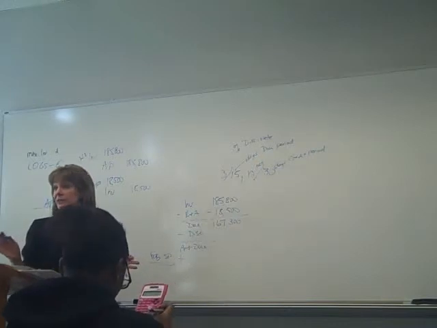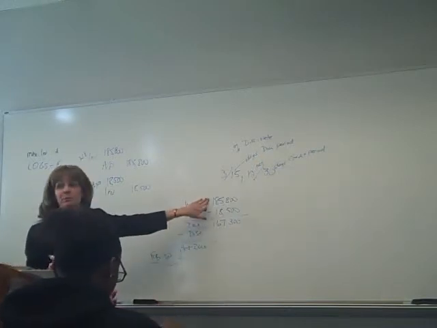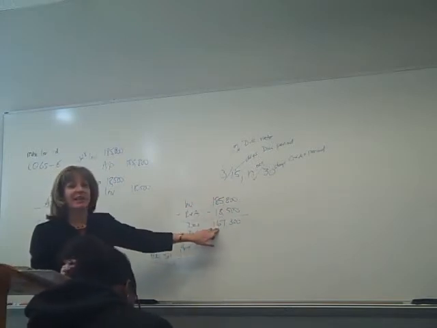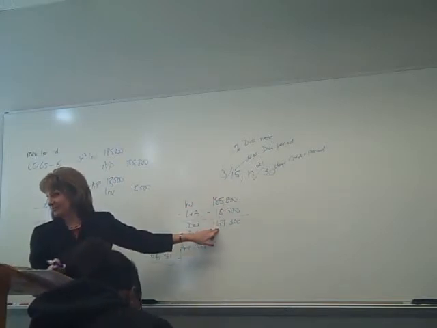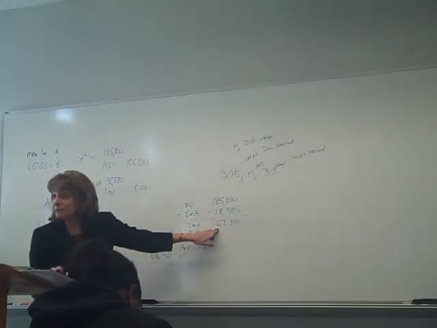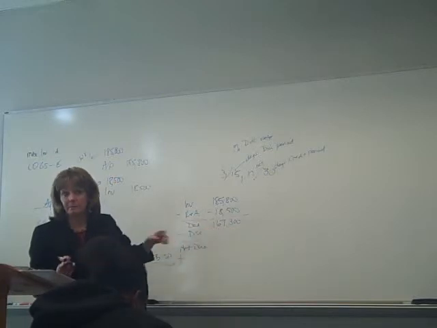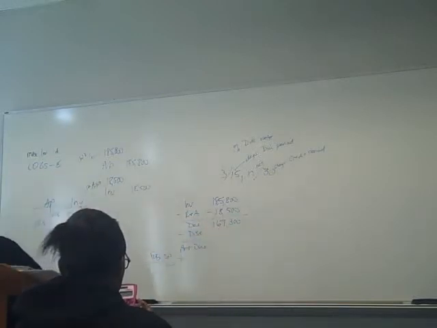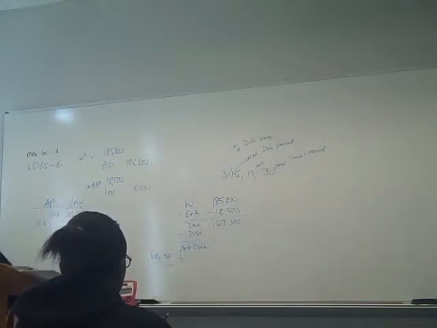But since we're paying it within the discount period, we don't take 2% of the original number. We take 2% of that number. Isn't that logical? They're not going to give you a discount for something that you're not paying for. Okay? So 2% of that is something like $3,200 or something. Sounds good. $3,346.